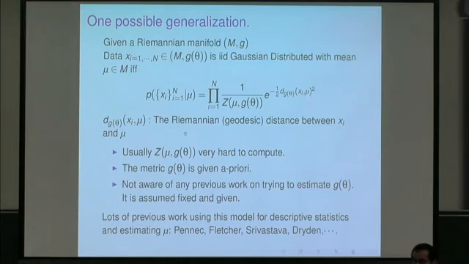The distance depends on the Riemannian metric, and you have a normalization factor, which in general can depend on your mean mu as well as the metric g.